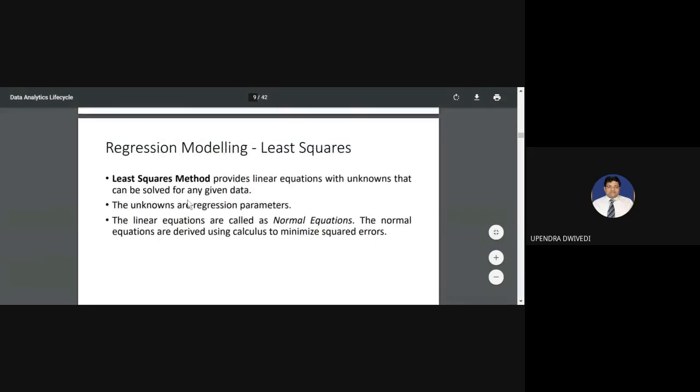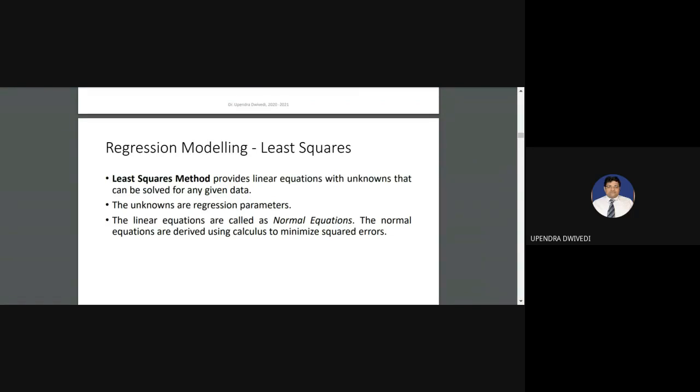Now, the least square method provides linear equations with unknowns that can be solved for any given number. When you apply the least square method between the observed value and the predicted value, it provides a linear equation, a linear relationship with unknowns that can be solved.